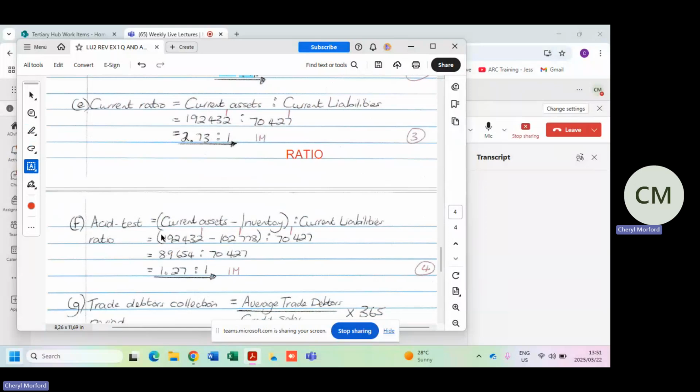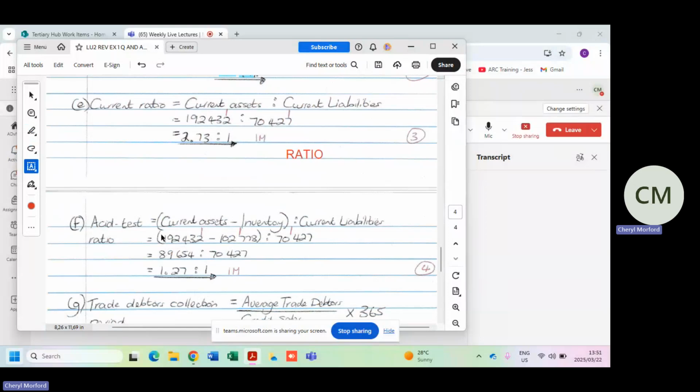So it could find that it's got lots of inventory causing its current assets to have a higher value, but no cash in the bank. So to see at a glance, is the business able to settle liabilities? We take out the inventory.